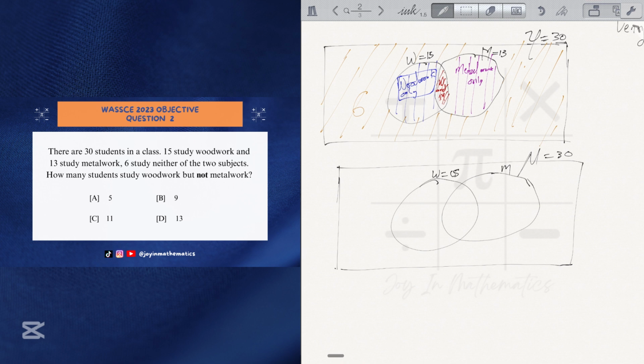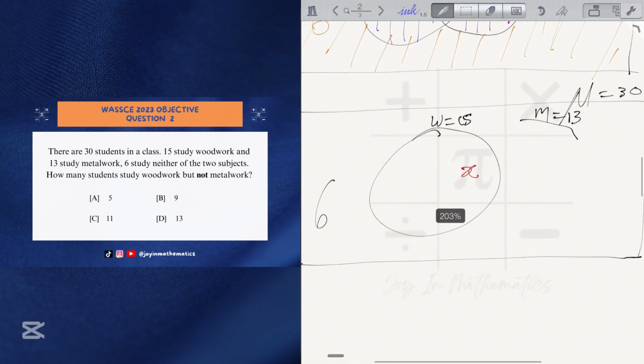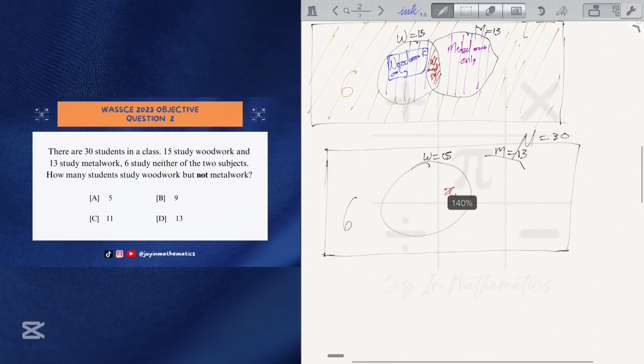Metalwork is equal to 13. The number of students that study neither is equal to 6. So now let's begin. We want to evaluate those that study woodwork only, and to do that, let us substitute those that study both as x.